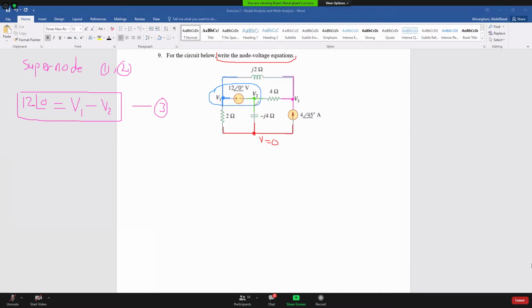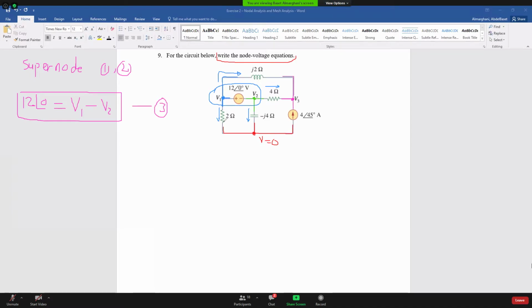This is 1, this is 2, this is 3, this is 4. I'm going to assume the currents are all leaving those nodes. This is the big super node. 4 currents are leaving in the 4 branches because I don't know the current in either one of them.